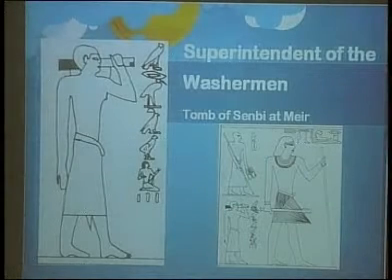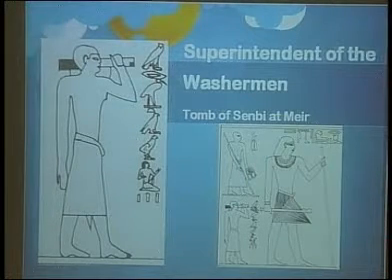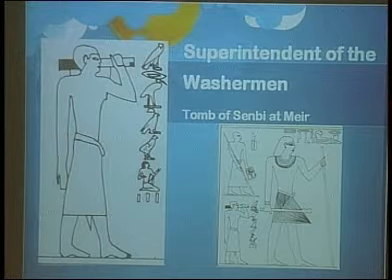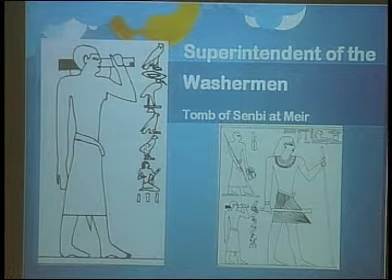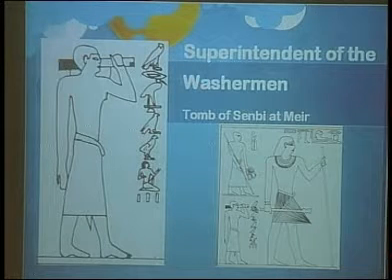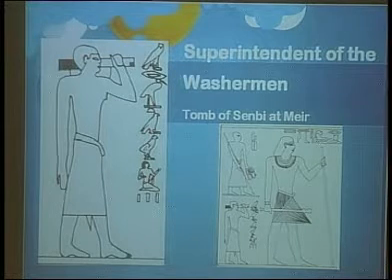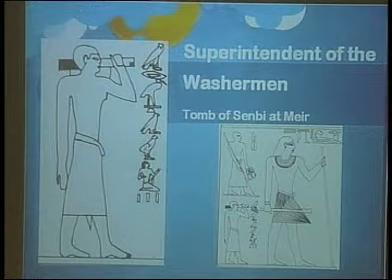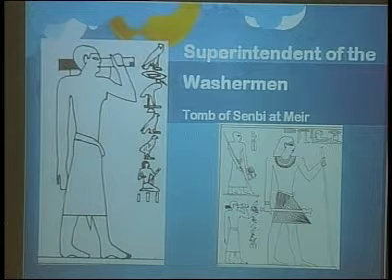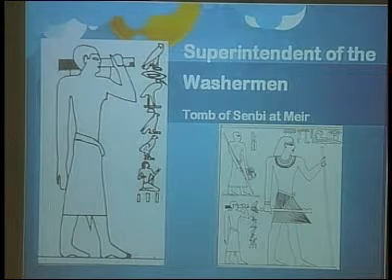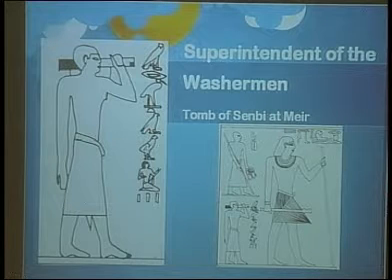Well, here we've got an overseer of the laundrymen from the tomb of Senbi at Meir, and he is carrying an object which is perhaps to be identified as a washing board, his sort of mark of office.